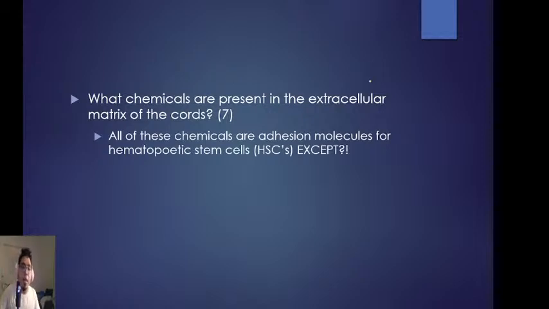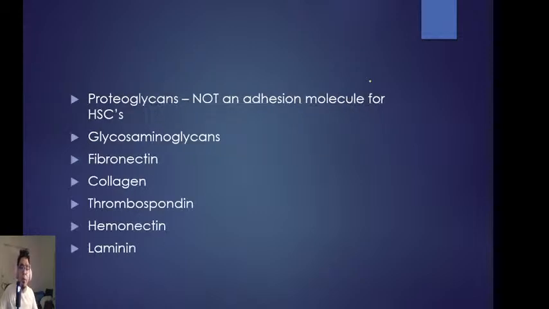You're going to see a lot of chemicals. There's actually 7 of them, and all of these chemicals are adhesion molecules except for proteoglycans. This is not an adhesion molecule.